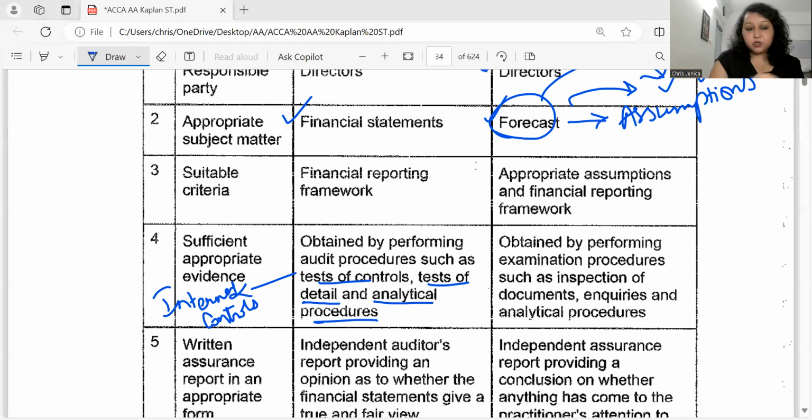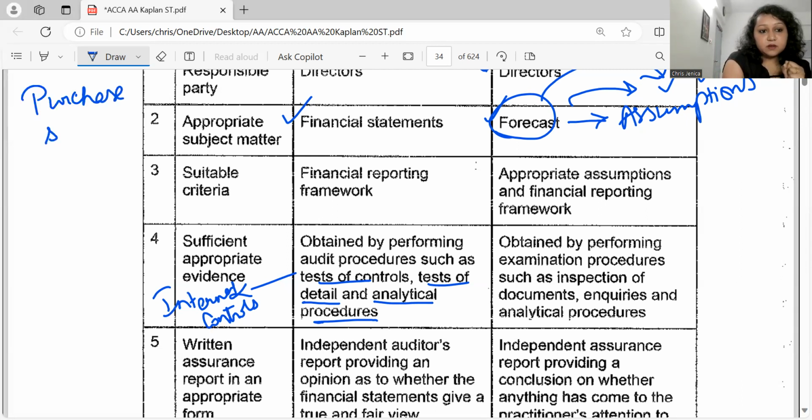So just in short, I'm going to tell you here. So for example, there is a purchase system. Okay. So where does this purchase system start? Basically, we are going to make a purchase as an organization. We are operating now. Where does this purchase cycle or system start?